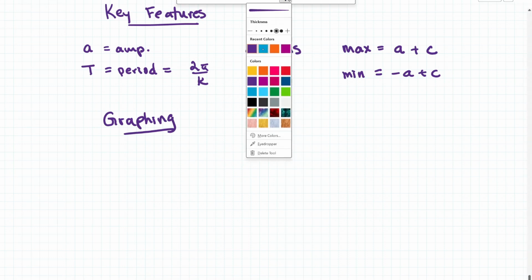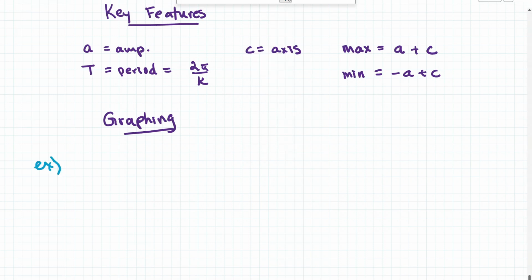So today we're going to consider an example. Our example is f of x equals negative 4 sine, then in our brackets we have 2x minus pi over 4, and then plus 1. Another key thing I want to draw your attention to is that we always have to factor out our k value.